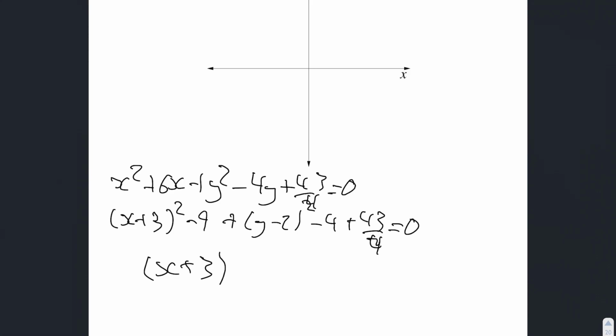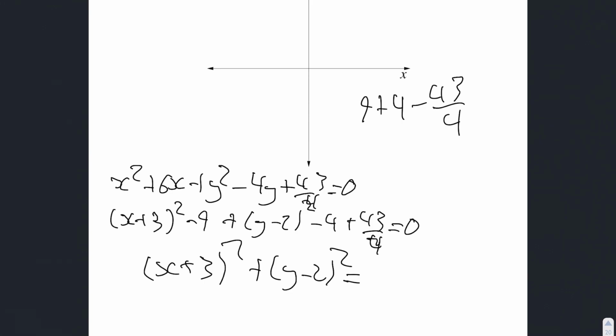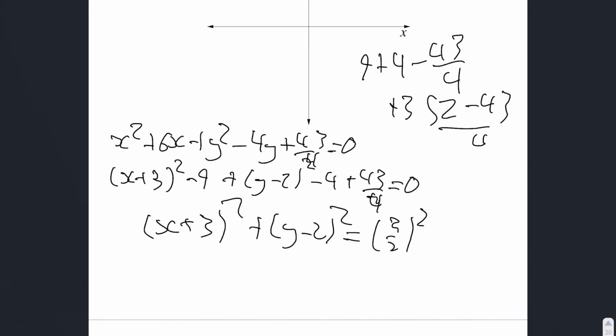So then we have x plus 3 squared plus y minus 2 squared equals 9 plus 4 minus 43 over 4. So this is 13, which multiplied by 4 is 52, minus 43 over 4. So 52 minus 43 is 9 over 4, which is 3 over 2 squared. So that's the first circle.